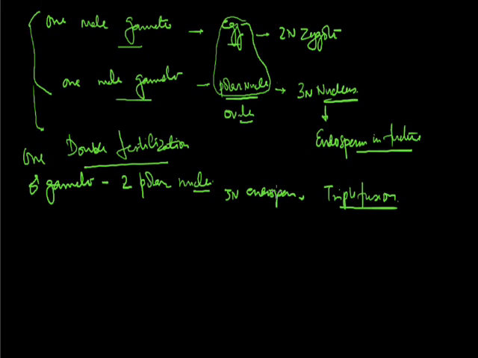Both processes together are called double fertilization, whereas the fusion of one male gamete with the diploid polar nuclei, n plus 2n resulting in 3n, is called triple fusion.